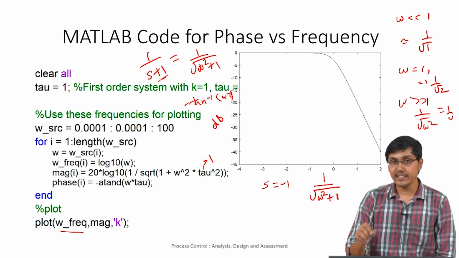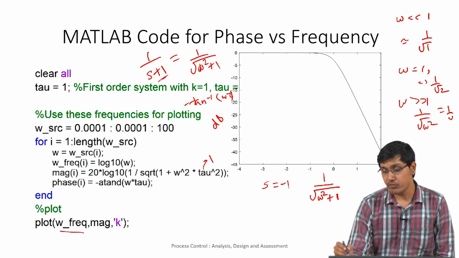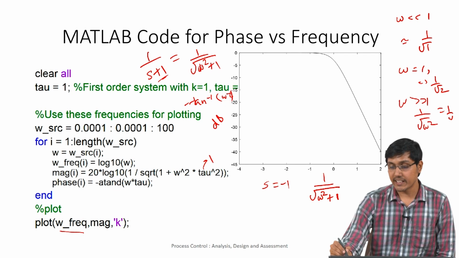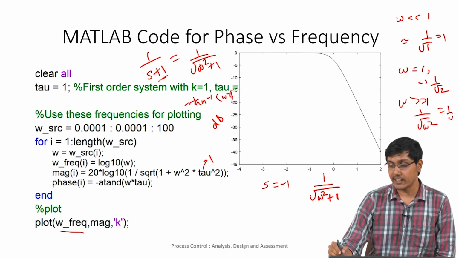With all this in mind, we can see that before omega equal to 1 we get an almost constant amplitude of 1, and when omega is much higher than 1, the amplitude decreases at the rate of 1 by omega.